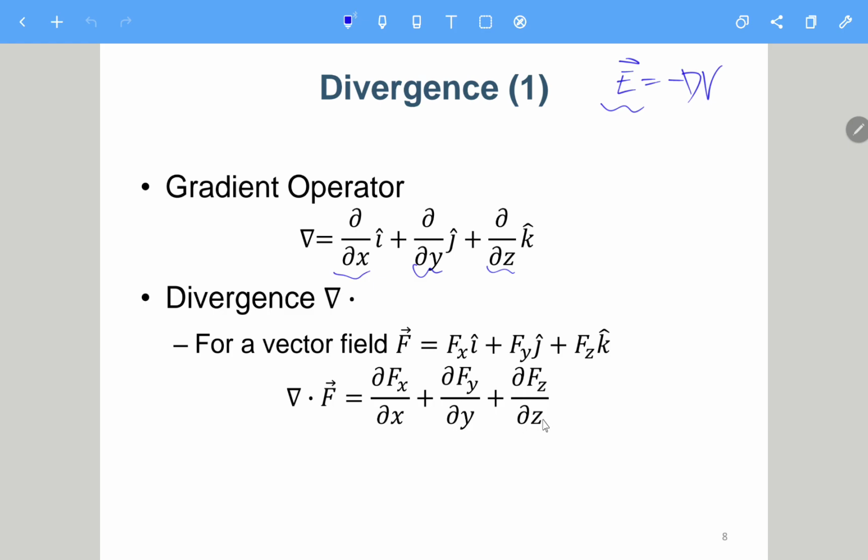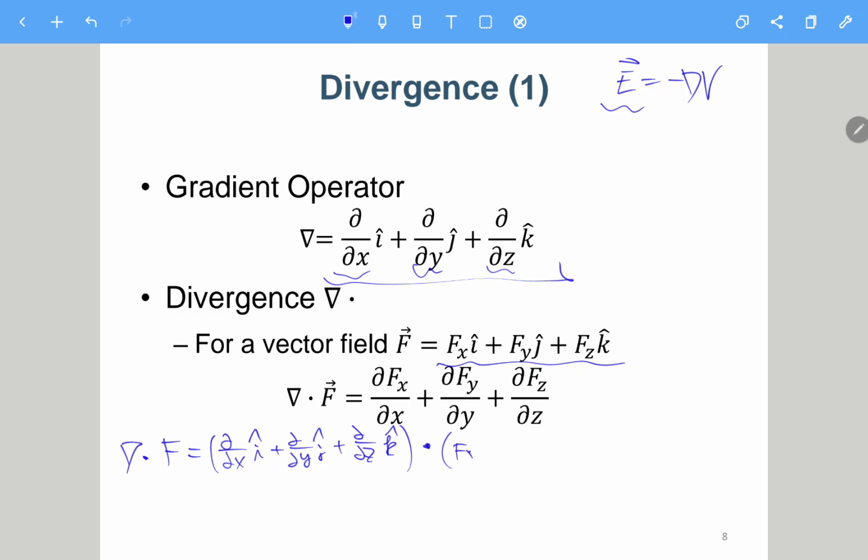The reason why is simple. We just plug in the operator here: partial x times i hat, plus partial y times j hat, plus partial z times k hat, dot product with the f we just placed here, fx i hat plus fy j hat plus fz k hat. So here we have a dot product.